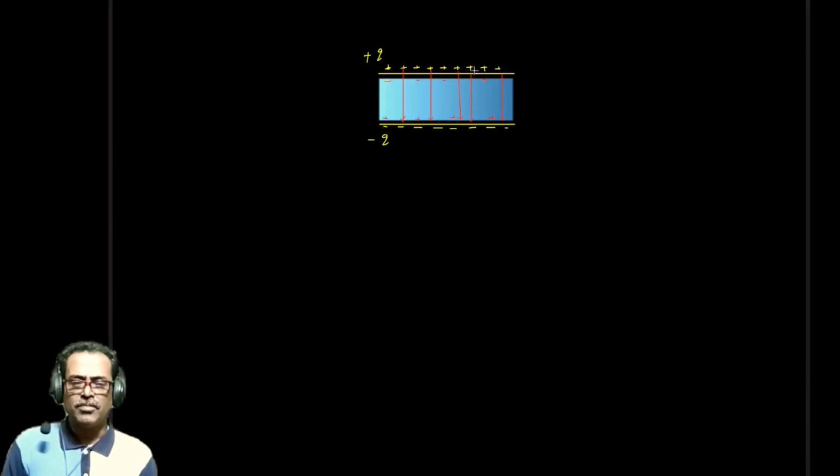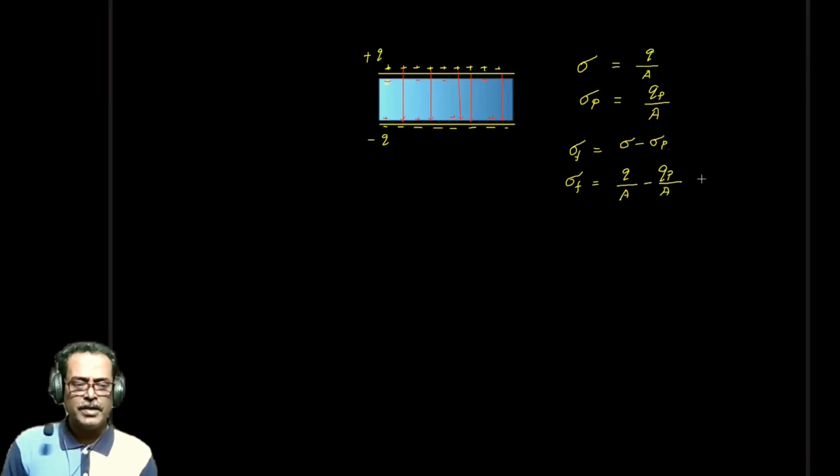So the surface charge density of the plate, sigma, is equal to Q by A. The surface density of the polarized charge is equal to QP by A. So the free charge density, which is the difference between these two and produces the field inside the dielectric, is sigma free equal to sigma minus sigma P. Therefore, sigma free is equal to Q by A minus QP by A, which is Q minus QP by A. And the field inside, E, is equal to Q minus QP by A epsilon 0.